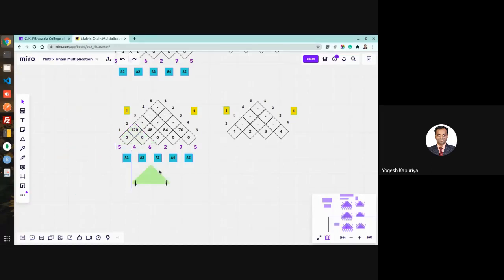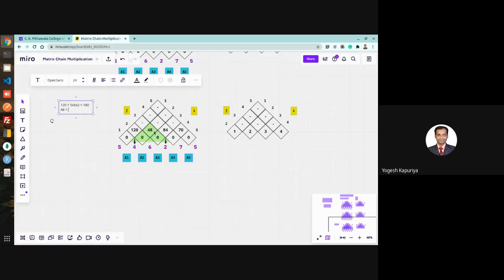That was 180. Other way is something like this. You already have 48, right? So that was 180, that is 120 plus 5 into 6 into 2, that is 180. Second option is you already have the result of A2 into A3, that is 48.